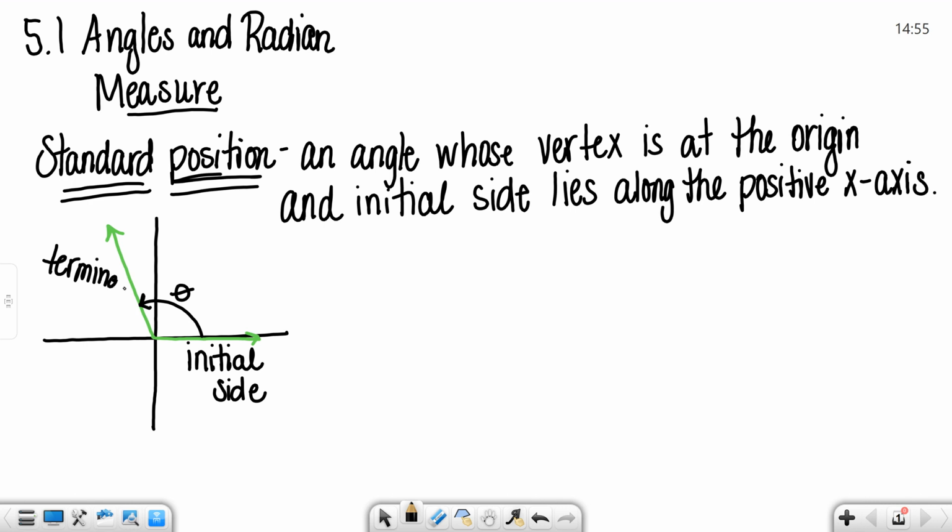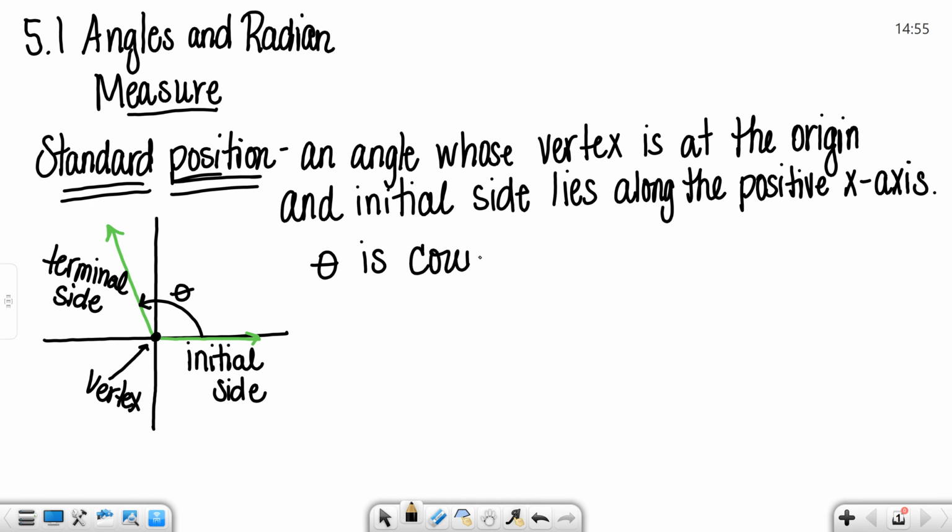In this case, my vertex, which is this point right here, is definitely at the origin, and the initial side does lie along the positive x-axis. So theta in this case would be in standard position. Now, theta also here is going counterclockwise.